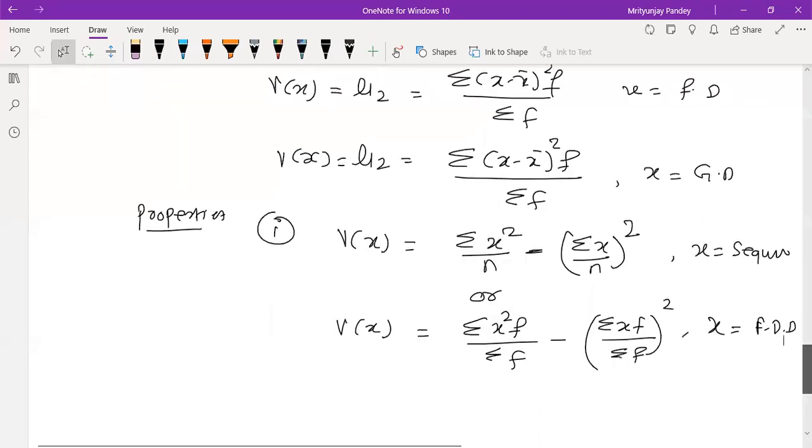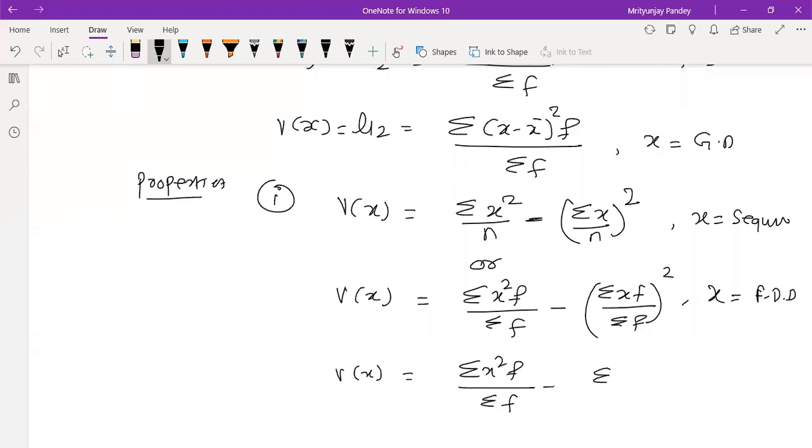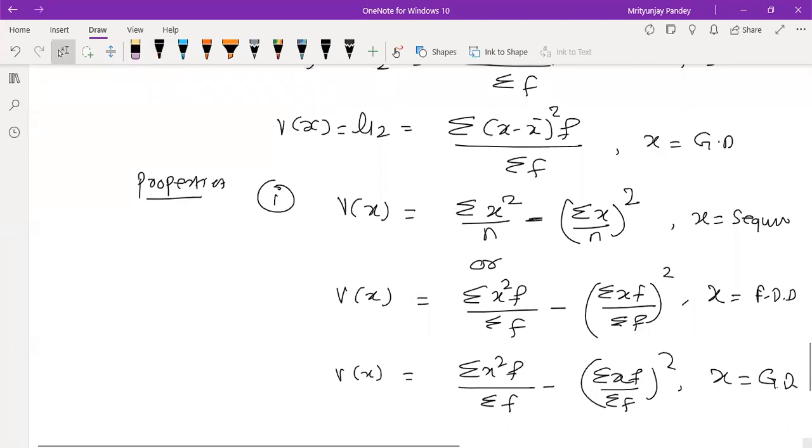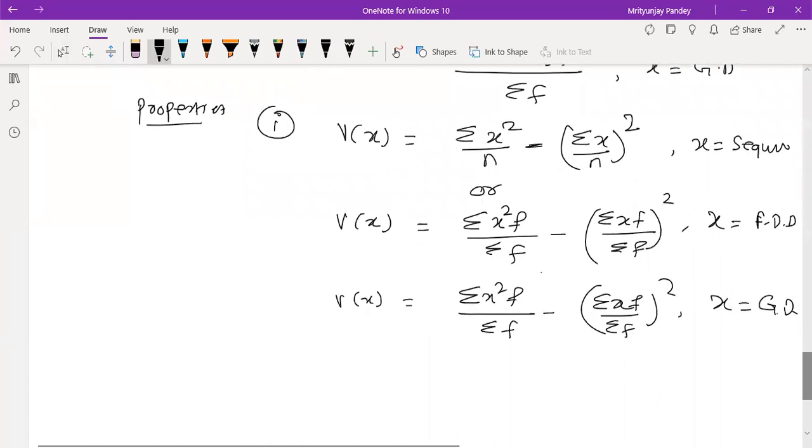And the third one, variance of x equal to summation of x square f divided by summation f minus (summation xf divided by summation f) the whole square. This is for grouped data, right? Now let's see the proof of this one. I will prove any one of these.